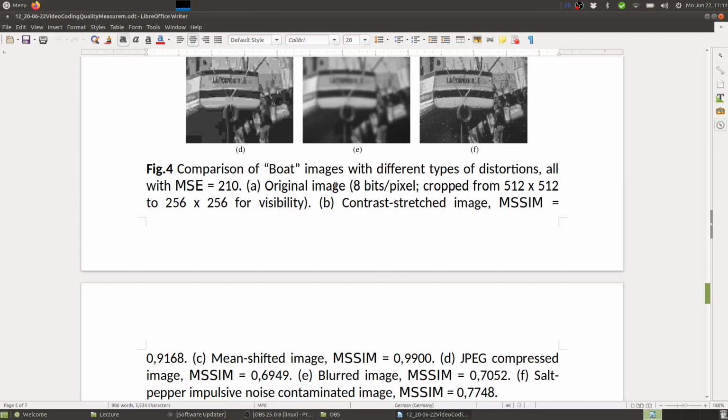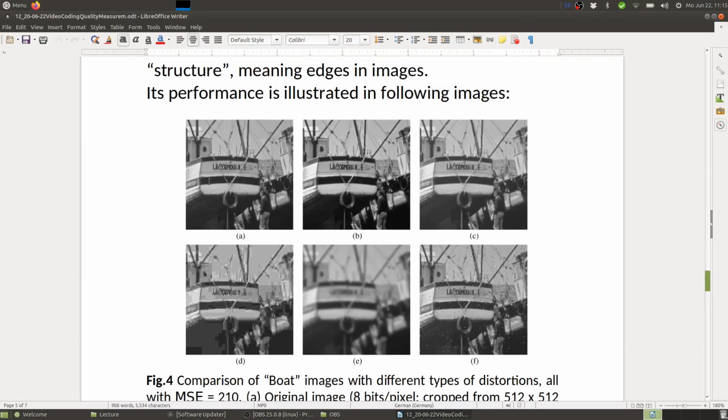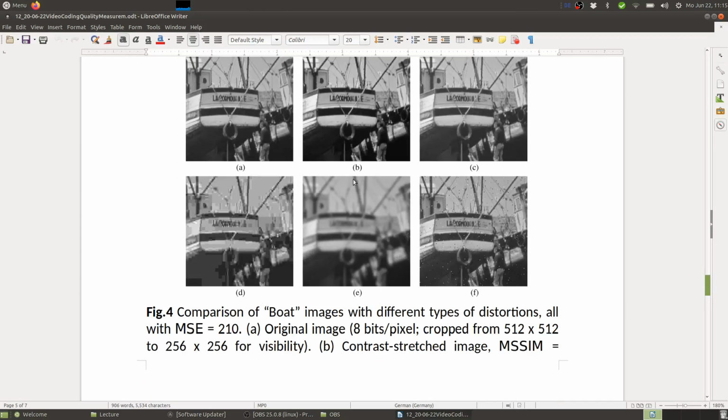The interesting part here is that all of those distortions have the same mean squared error of 210. So if you would apply the PSNR, it would give the identical value for all the distorted images. So if you apply the PSNR here, then picture B and C would get the same rating as D, E, and F. Right?